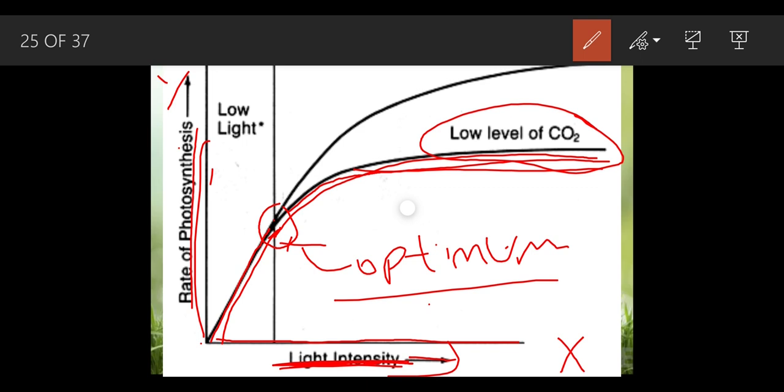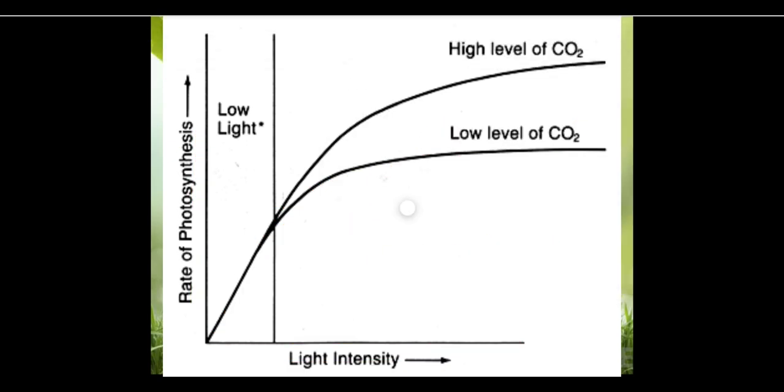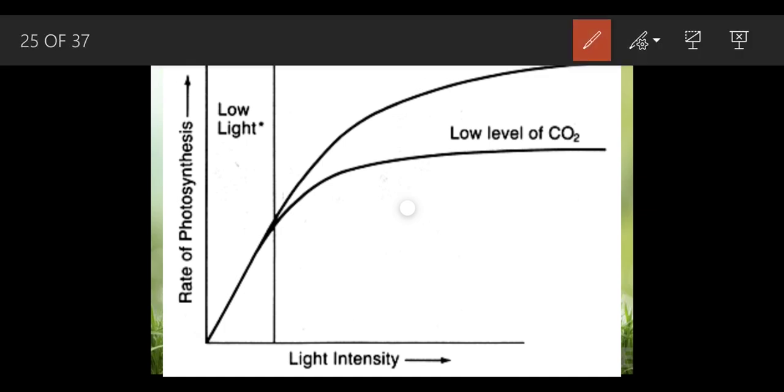But suppose we increase the level of carbon dioxide, so now what happens? See, the light intensity is increasing and the rate of photosynthesis also increases. Till this point it is somewhat at the optimum. Then it starts to maintain stability like this.